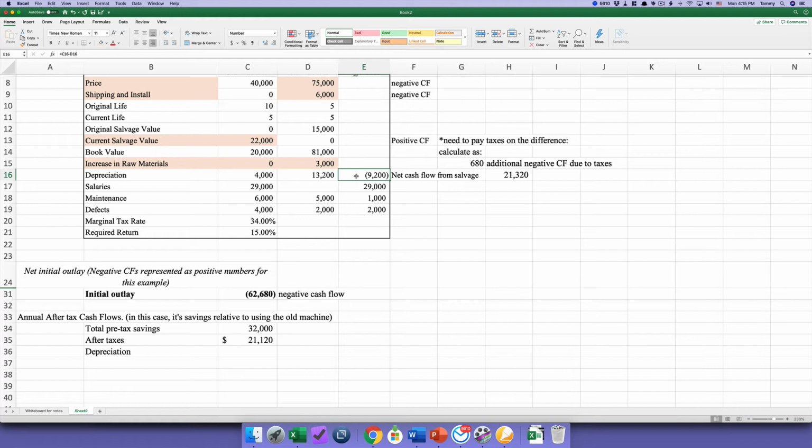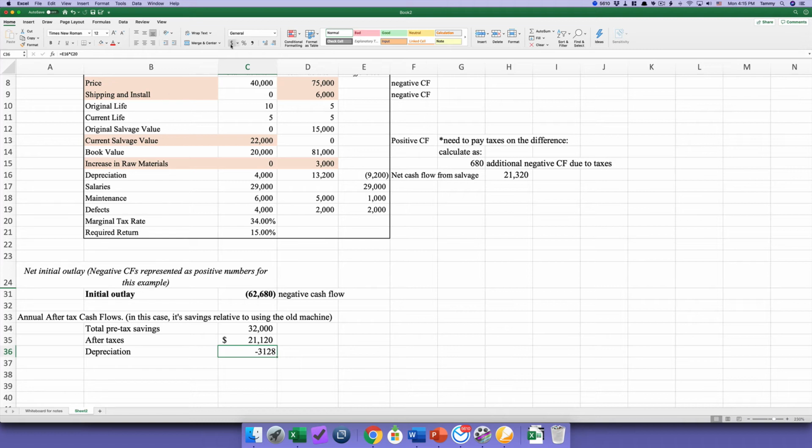That means that we basically are getting back into our pockets the taxes that we don't have to pay on that depreciation expense. So we're going to take that depreciation increase and multiply it by the tax rate to get the after-tax cash benefit of depreciation expenses. And we take that as a positive number.